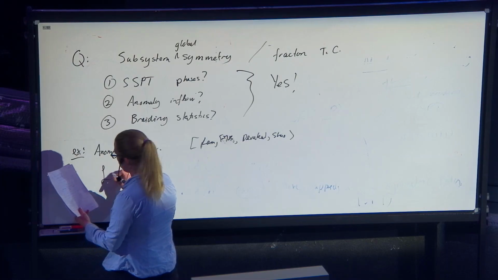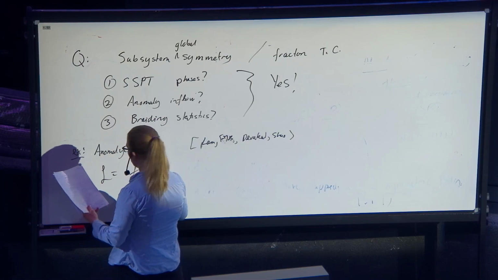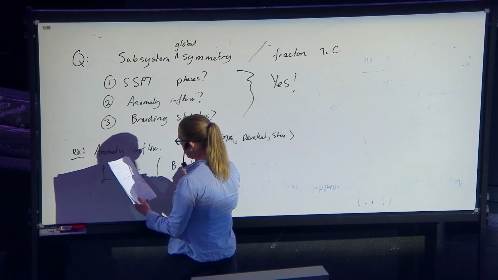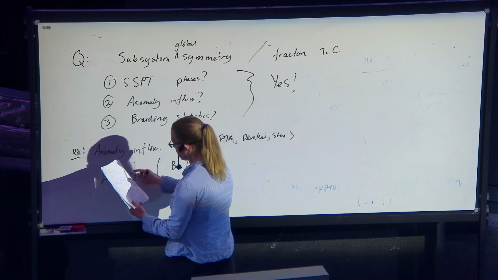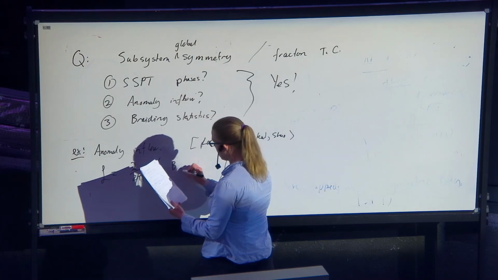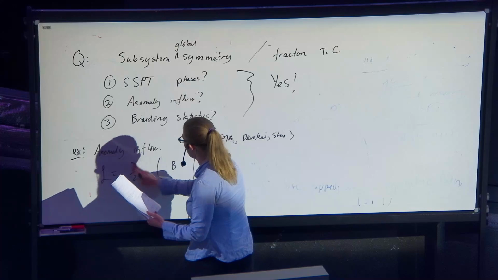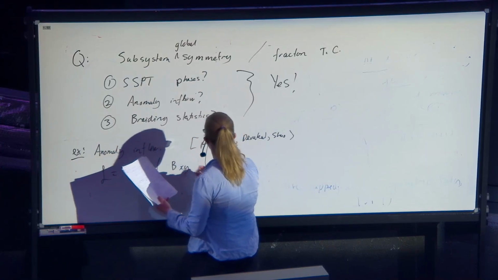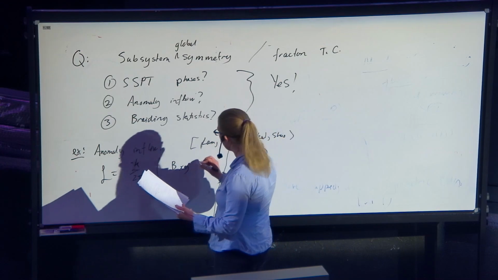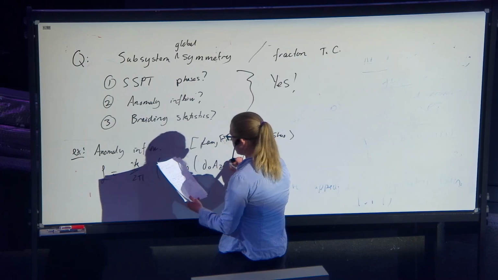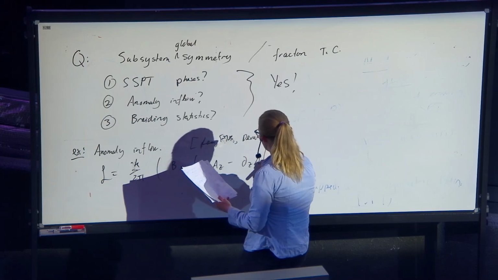Let me remind you that when we talked about the lineon-planon model, we wrote down a BF action that looked like this, I think there was a 2 here. But let me call this K, and we're going to think about the analog of an ordinary quantum Hall state. So we're ultimately going to take K equals 1, but I could write this action for any K.